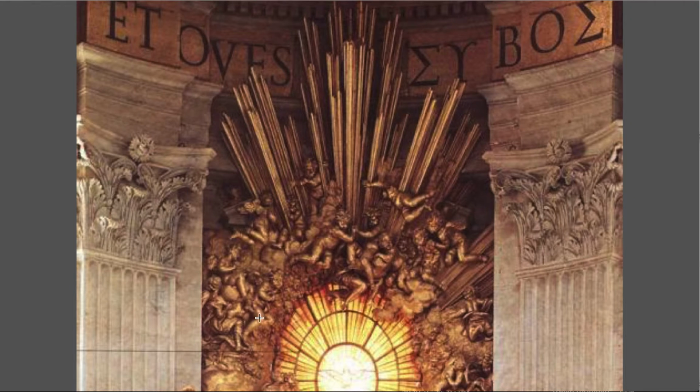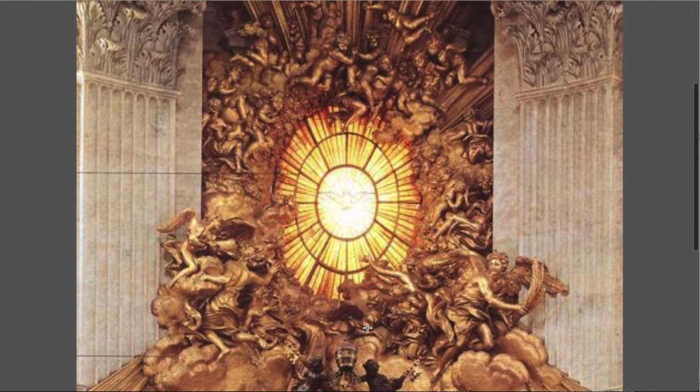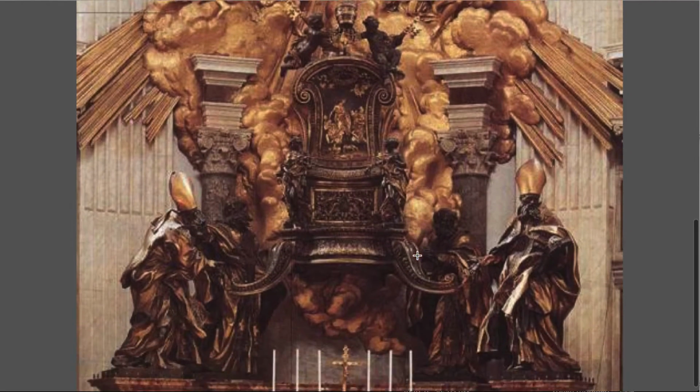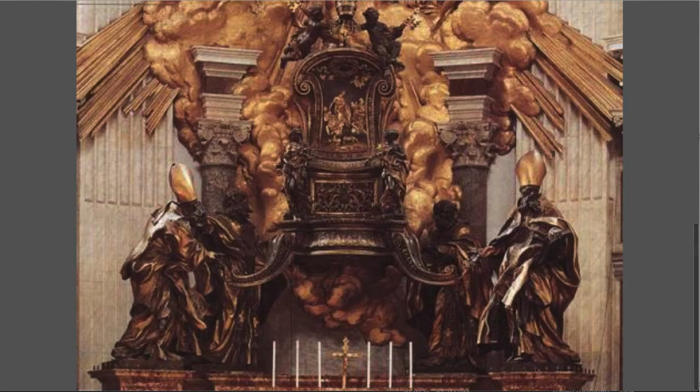Just extravagant decoration, splendor everywhere you look. So that's Bernini and his thing, and he's hugely influential. He's basically designed the whole Baroque era in terms of what we think of as the over-the-top, excessively decorated, lots of movement and motion, and theatricality.